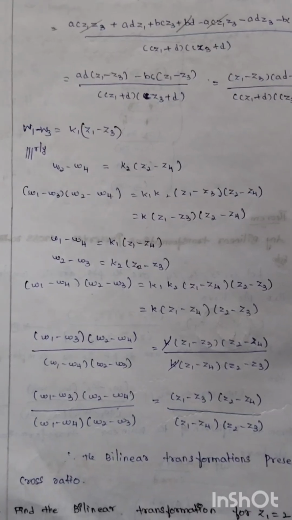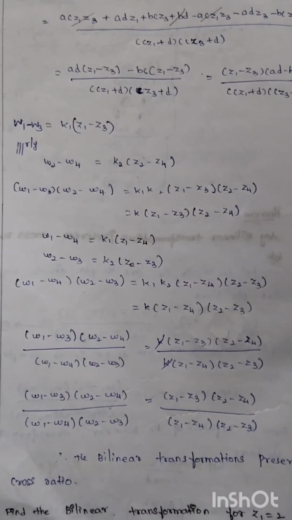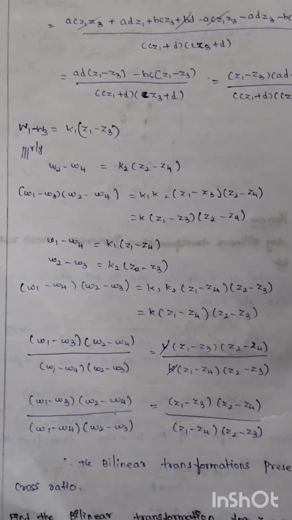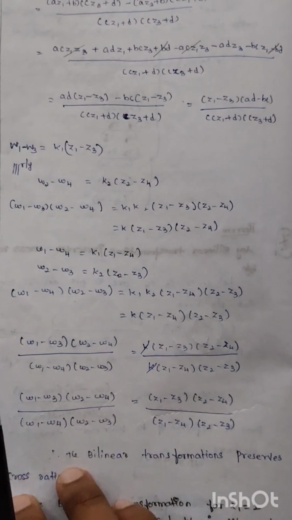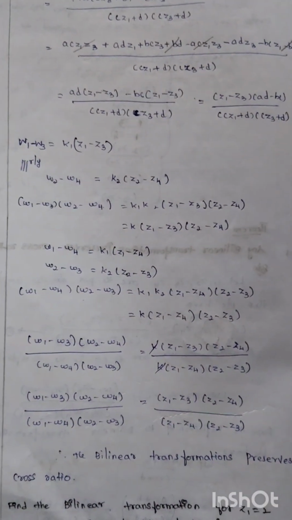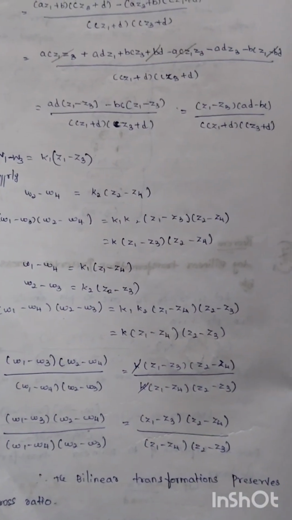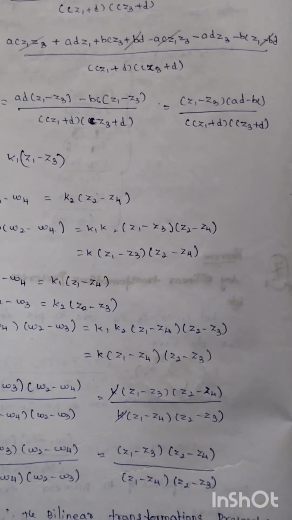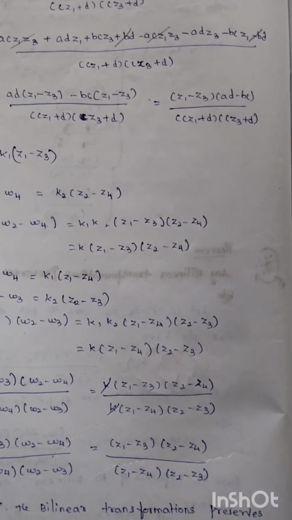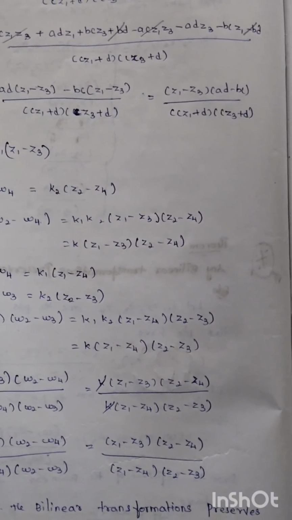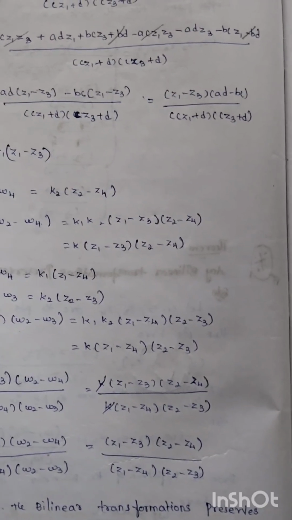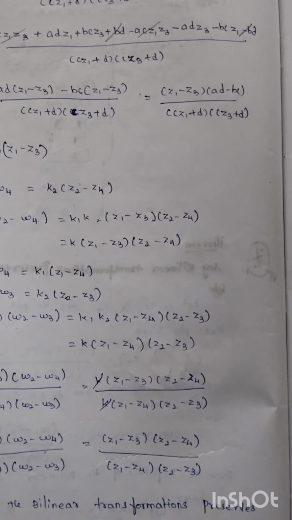Now (w1 minus w3) into (w2 minus w4), which is the numerator of equation 2, is equal to K1 into K2 into (z1 minus z3) into (z2 minus z4). K1 is a constant and K2 is a constant, so again we get some constant.